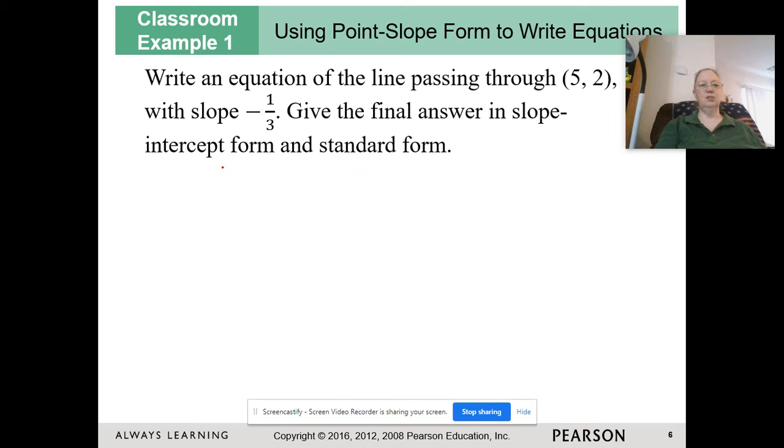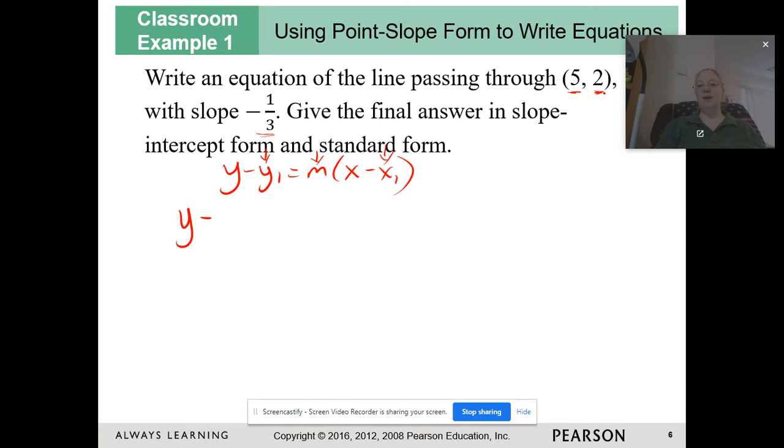And I should pay attention to what I'm doing. y sub 1, m, x sub 1, there we go. Okay, so this is going to be a number from our ordered pair. This is going to be a number from our ordered pair. And this is going to be a number from our slope. x is going to stay as a variable x, and y is going to stay as a variable y.